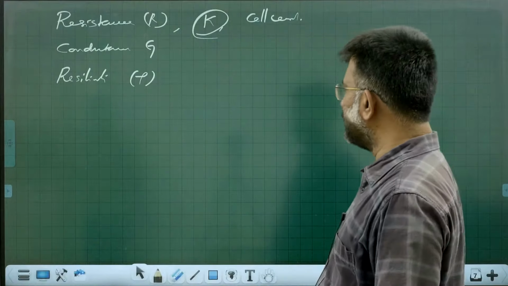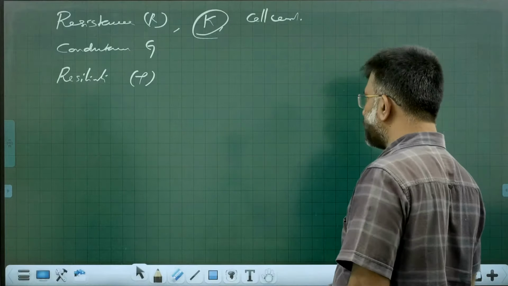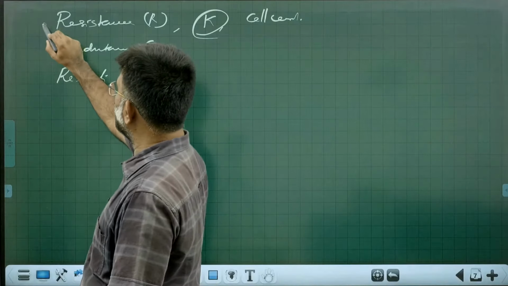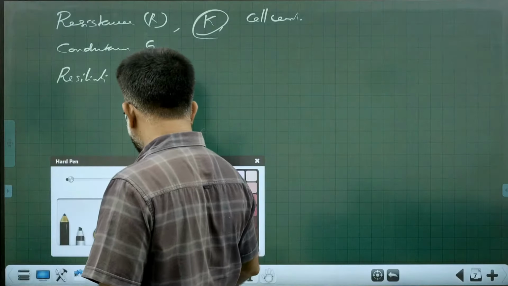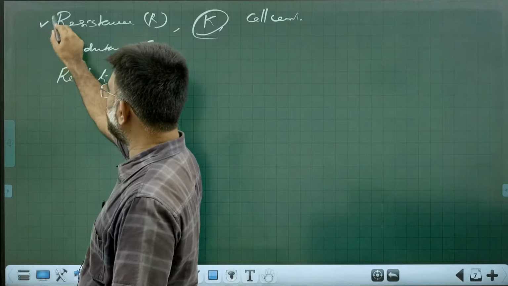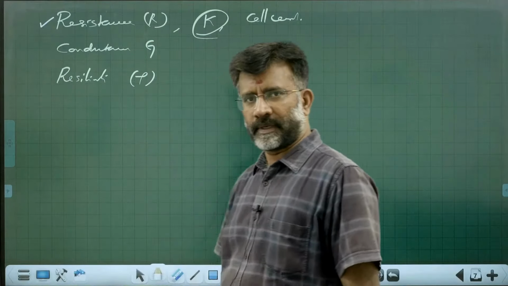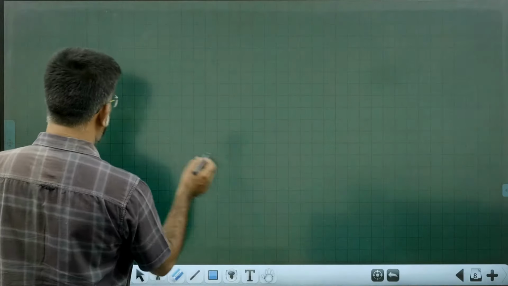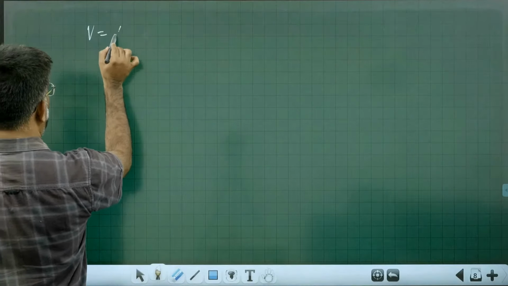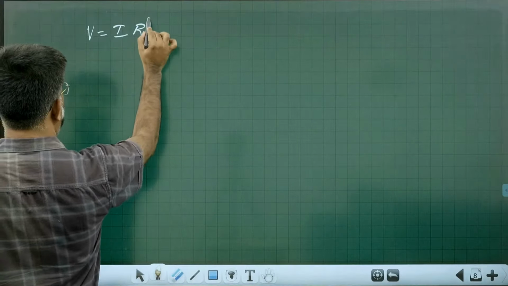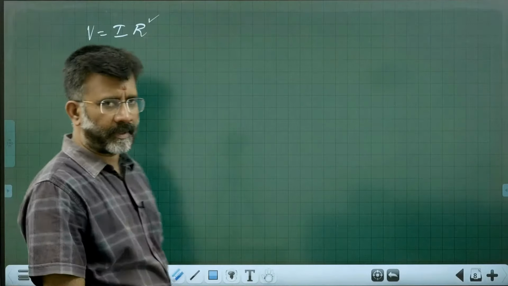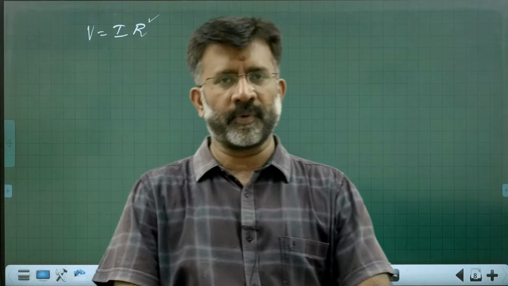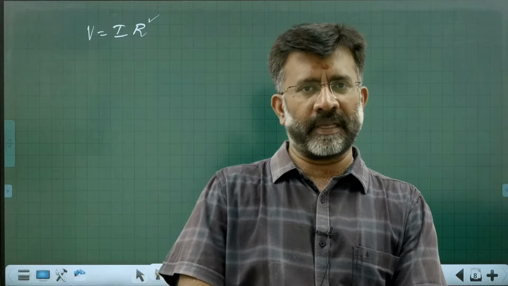So the term resistance, number one, I don't have to tell you, comes from Ohm's law. All of you know Ohm's law, V is equal to IR, and that is introducing the term resistance, which is opposition to the flow of electricity.